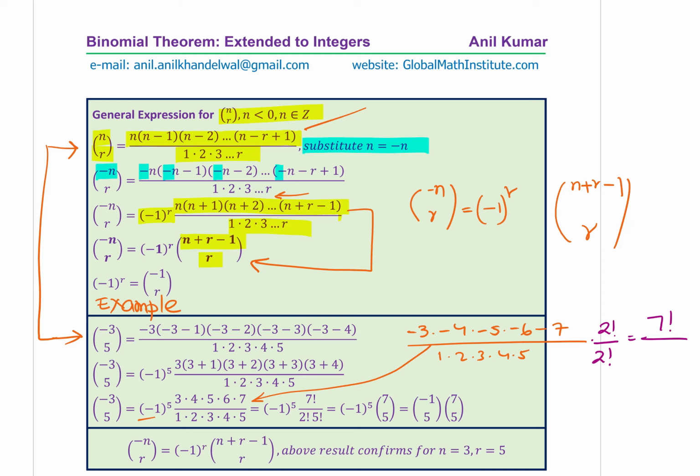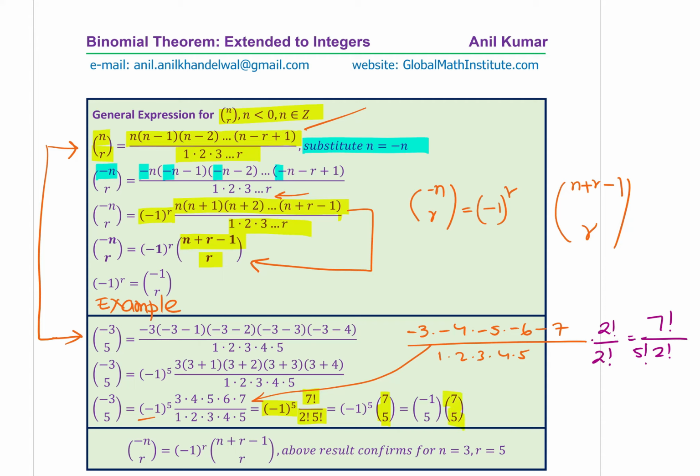And so we get 7 factorial on the top, and the denominator will be definitely 5 factorial times 2 factorial, correct? And that is what we got here. So we could write this as minus 1 to the power of 5 times 7 factorial divided by 2 factorial times 5 factorial. And that is what? 7 choose 5. You get the idea. This is 7 choose 5.